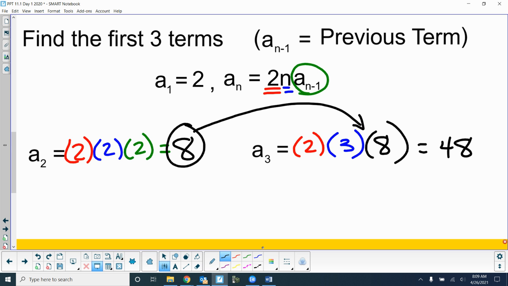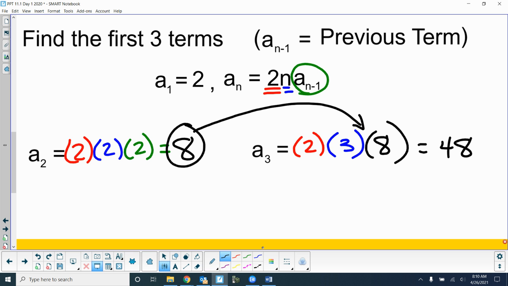You following? Remember, n represents which term you're looking for. The 2 is in every one of them for this problem. And then a sub n minus 1 is the term before, the previous term. You got to use it. So to get the third term, you got to figure out the second one. All right?